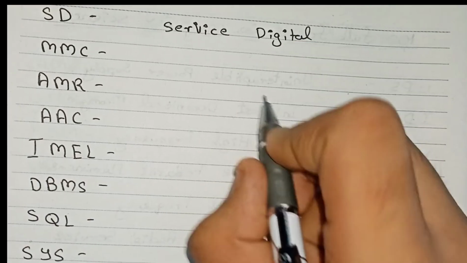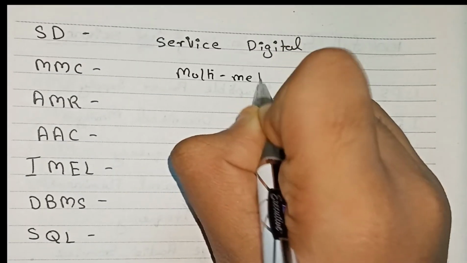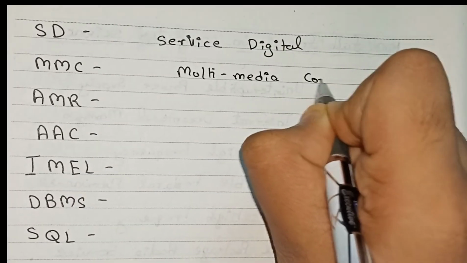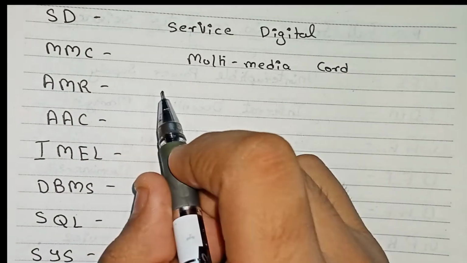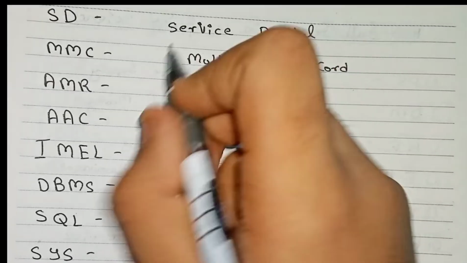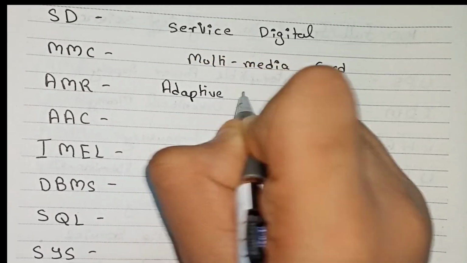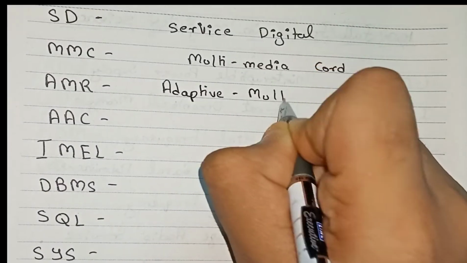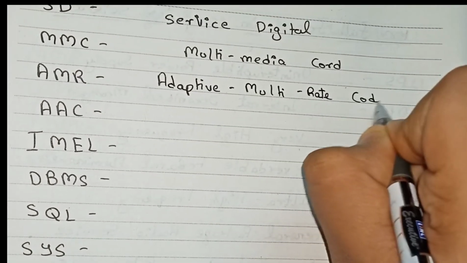Our next is MMC, that is multimedia code. Next is AMR, that is adaptive multi rate code.